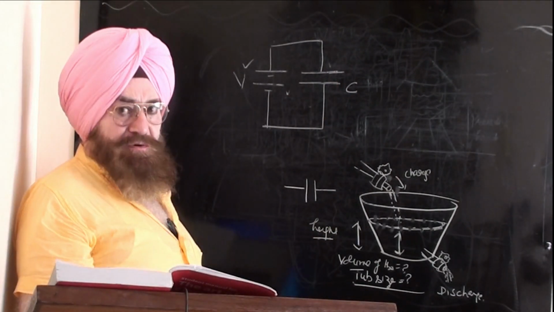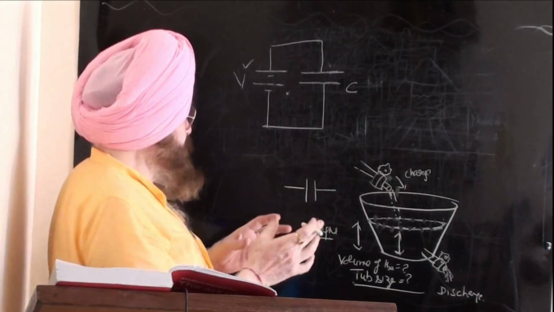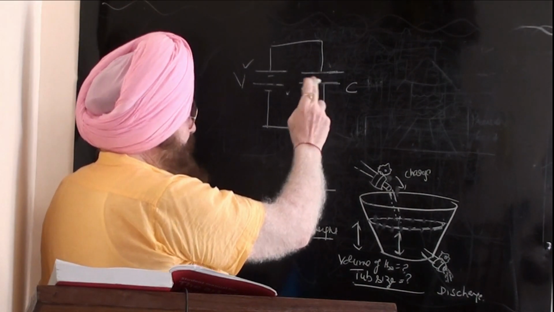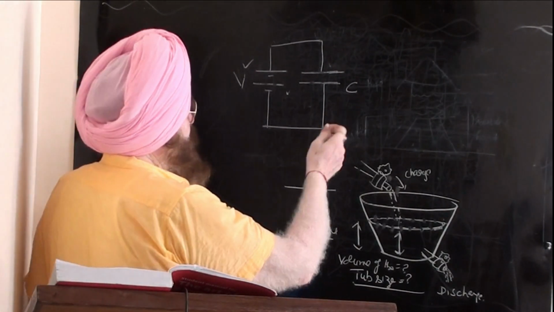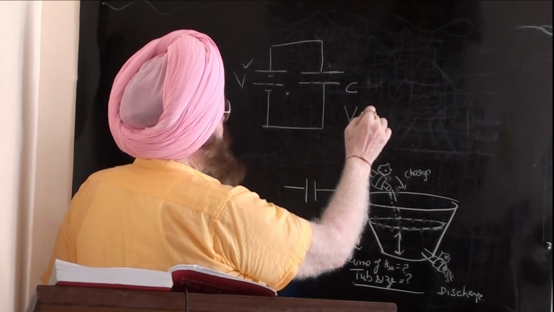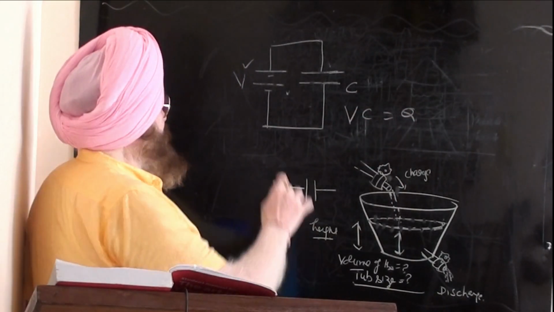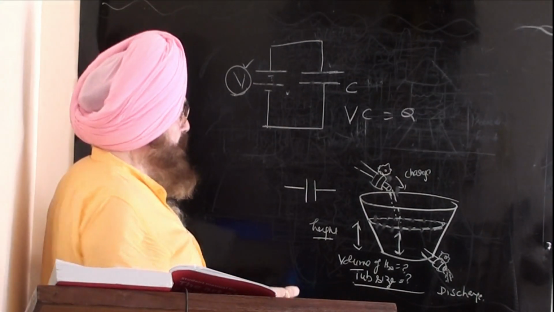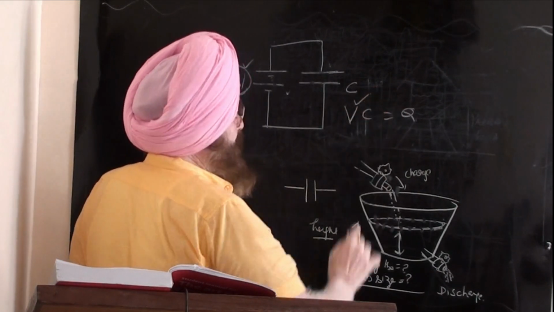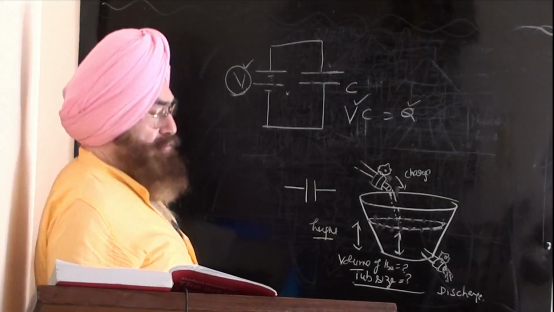The capacitor is charged. And how much charge is on the plate of the capacitor? That is by the relation Vc equals Q. If the voltage source is big, then there will be more charge on the plates.